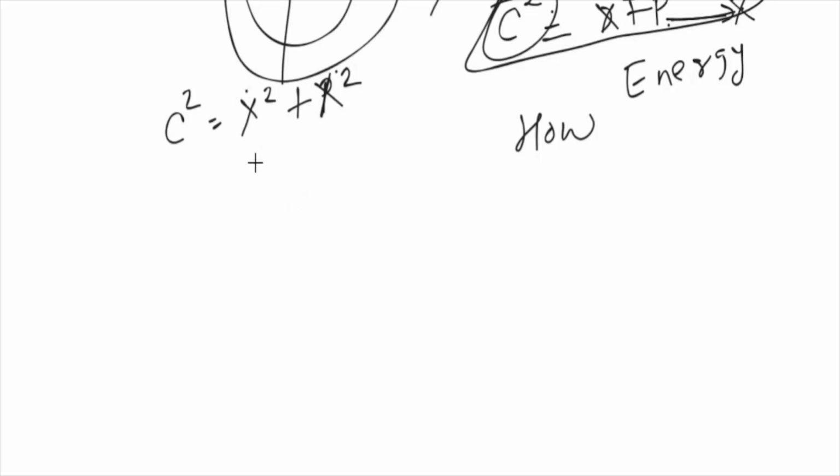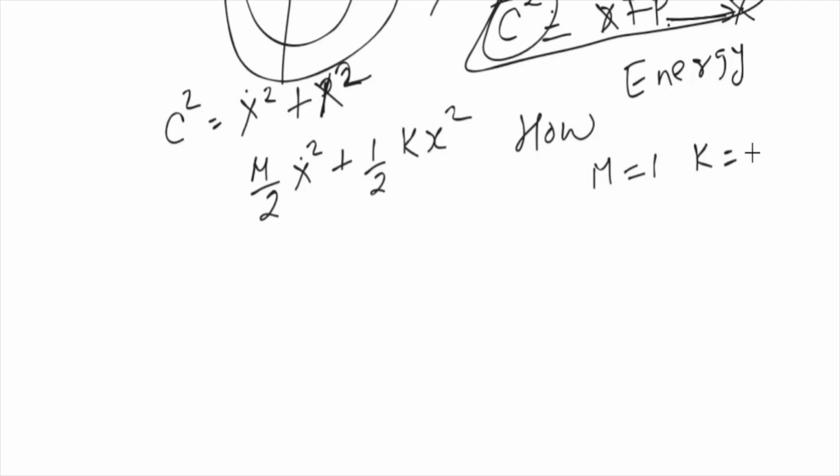So you can also write it as m by 2 x dot square plus 1 by 2 k x square. We have said in our previous lectures that m is equal to 1 and k is equal to 1. Then what is c square? c square is just x dot square by 2 plus x square by 2.